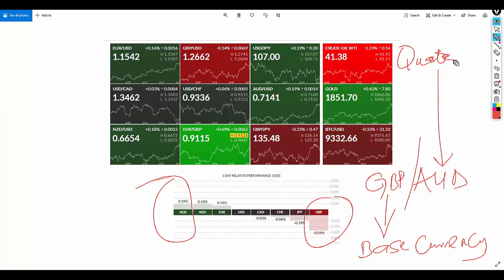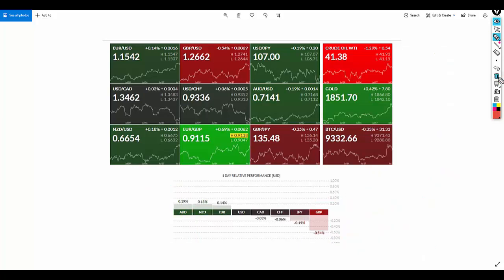You don't just arrange currencies. The heaviest currency will always be at the left, or any currency you see at the left side is called base currency, while the one on the right side is called quote currency. What is the meaning of quote and base currency? Let me quickly tell us. You remember that when we write this, GBP/AUD is equal to 1.5223.